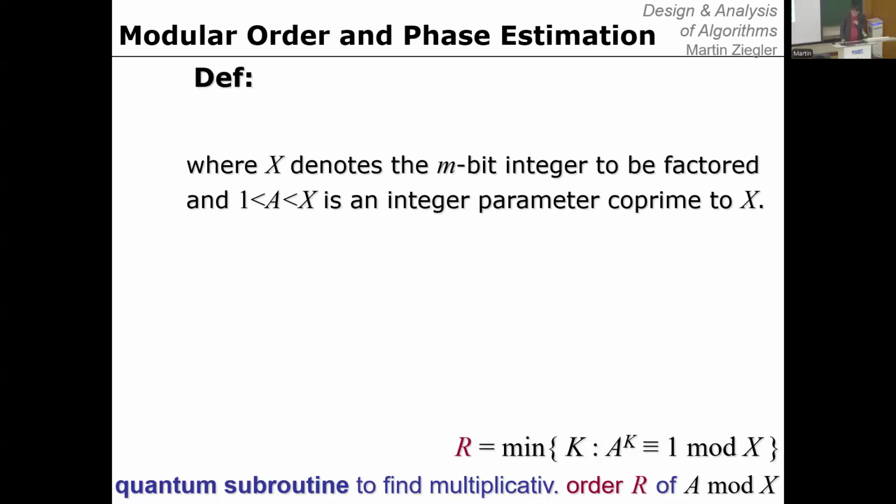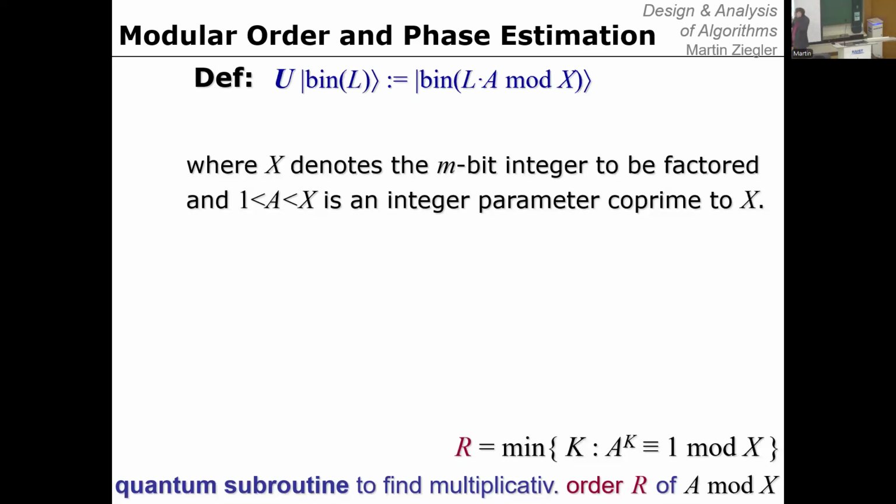So what's the connection between this order calculation problem and phase estimation? To make that connection, I'm going to define a unitary operator. Remember, the input to the quantum phase estimation problem is a unitary operator, and here it comes.